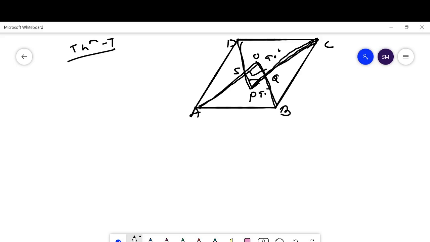Then in the quadrilateral PQOS, these two angles are 90 degrees. Here AS is the angle bisector and DS is the angle bisector, which implies this angle also measures 90 degrees.